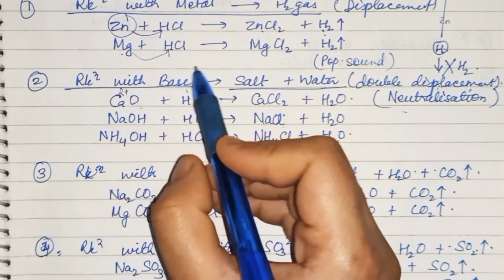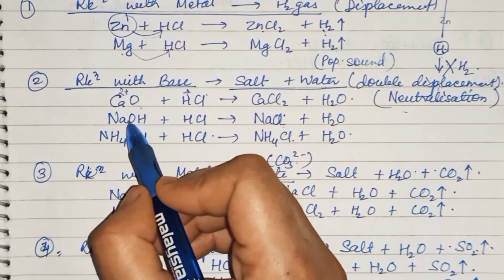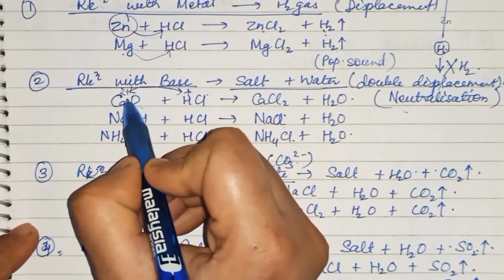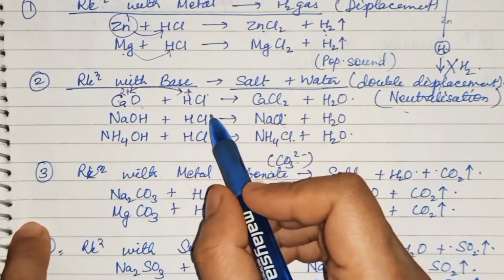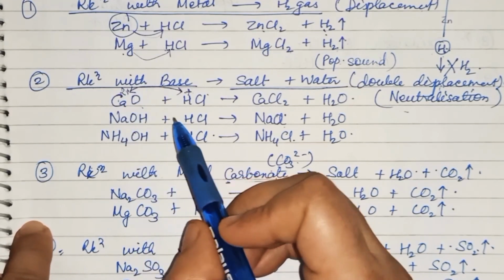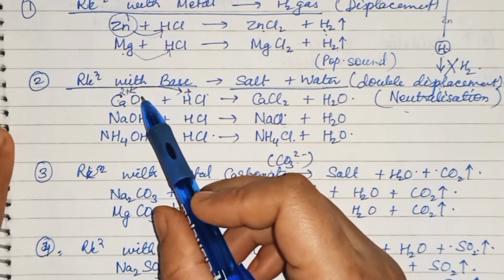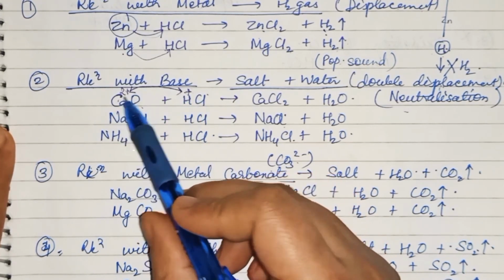See here, Cu2 plus is here and H plus is here. In double displacement reaction, you will interchange the position of the positive ions. So wherever a neutralization or double displacement reaction is taking place, simply interchange the position of the positive ions.